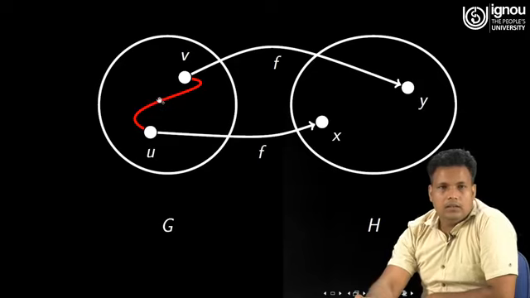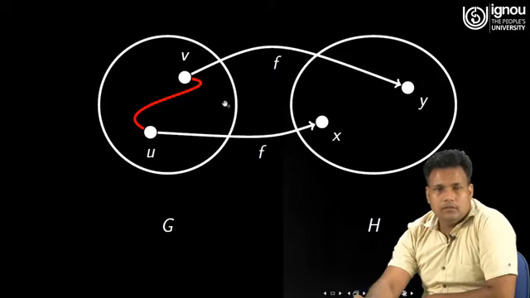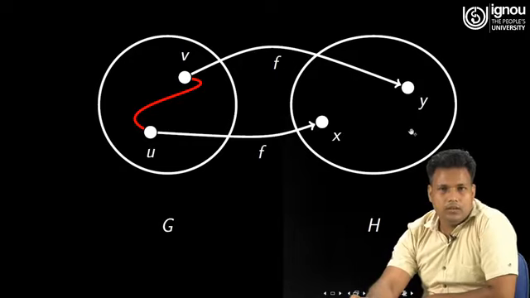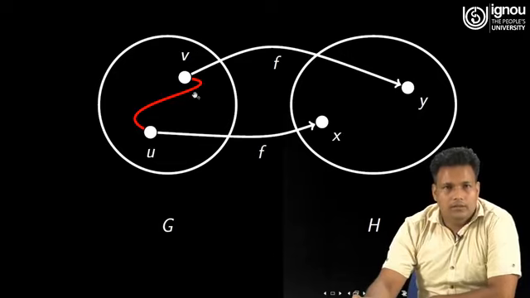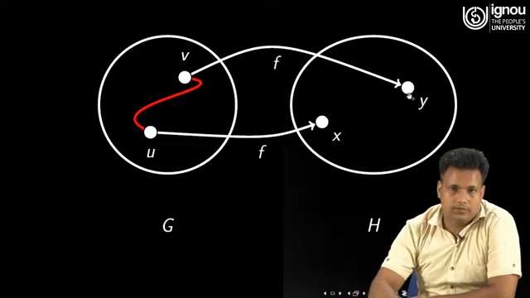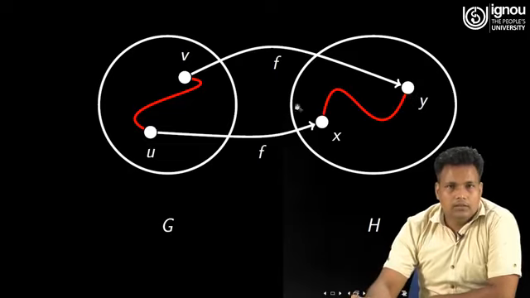Similarly, W2 is adjacent to W1, so the image of W2, that is F(W2), would be adjacent to F(W1). In this way, the image of this path becomes an XY path in H. Thus, if G is connected, then H is also connected.